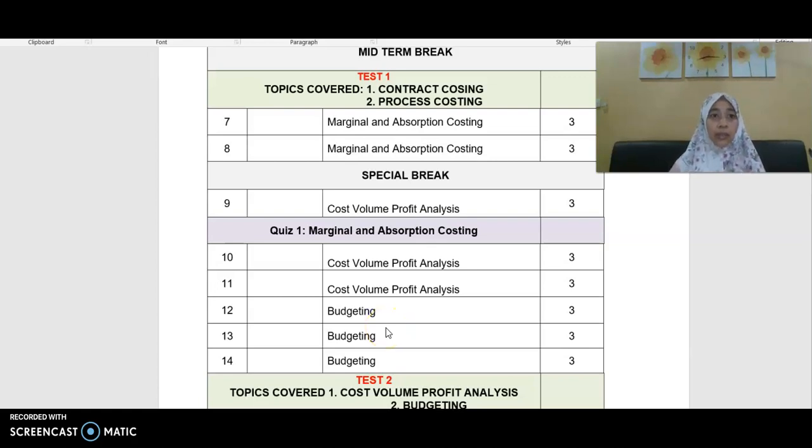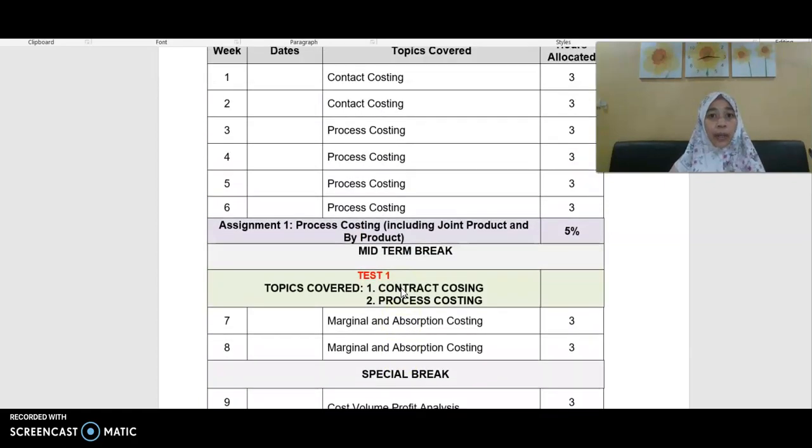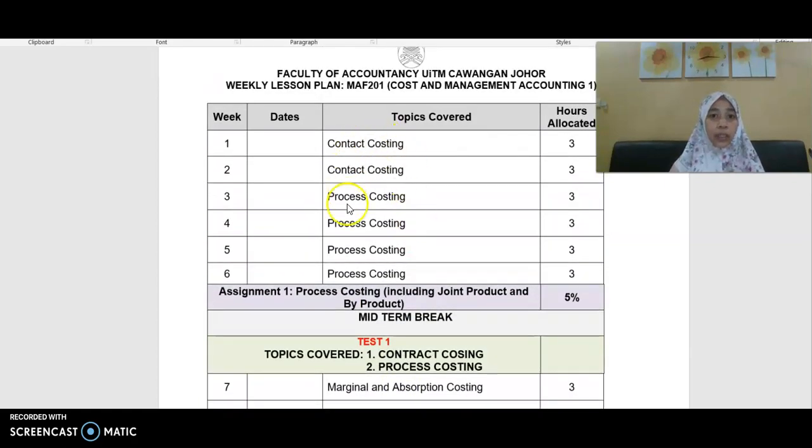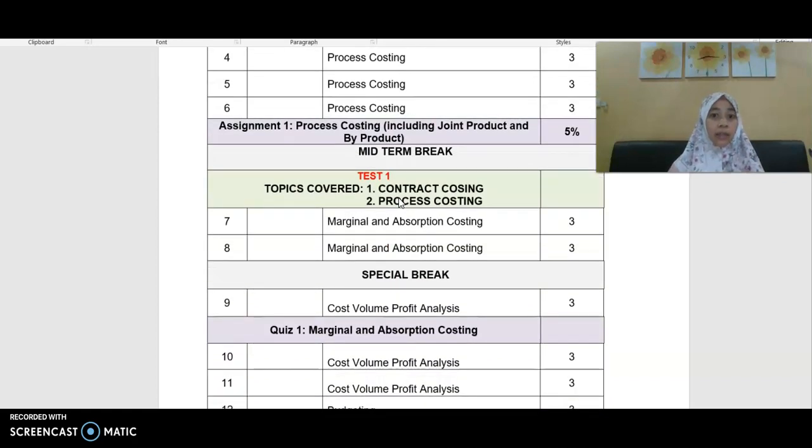As a recap, your MAF201 is basically a continuation of the costing techniques just now, where you look into contract costing, still under specific order costing, and then you go into continuous operation costing, whereby you look into process costing. Next, you look into the statement of income or statement of profit or loss.